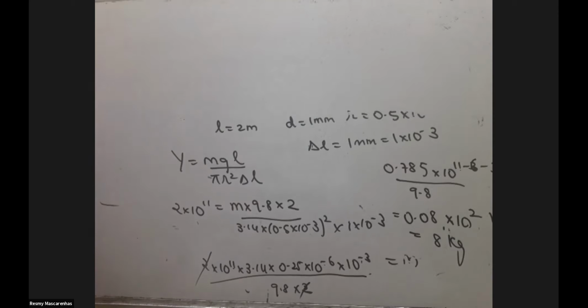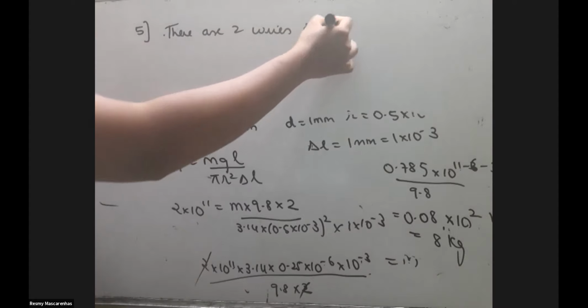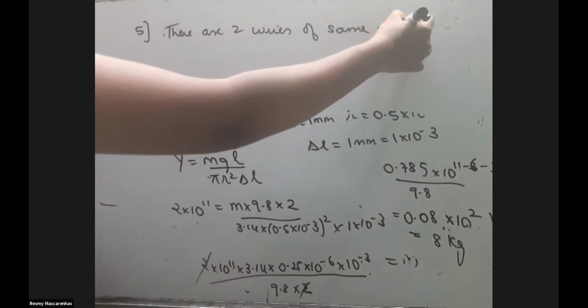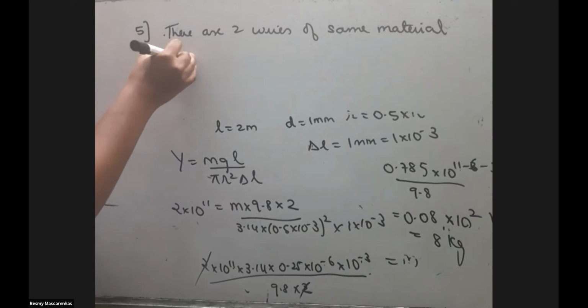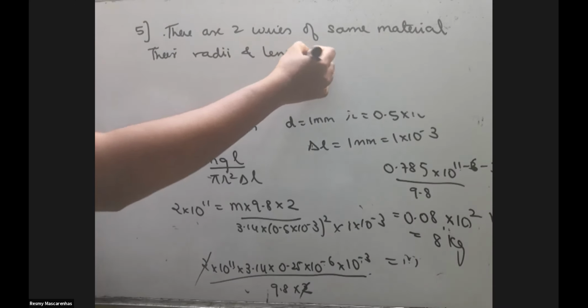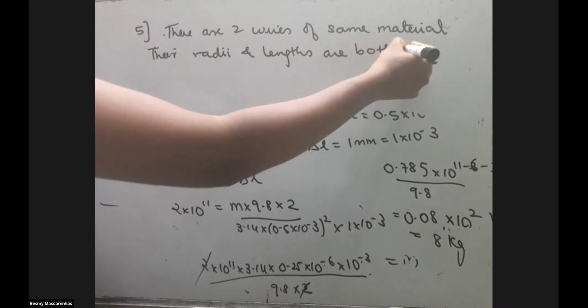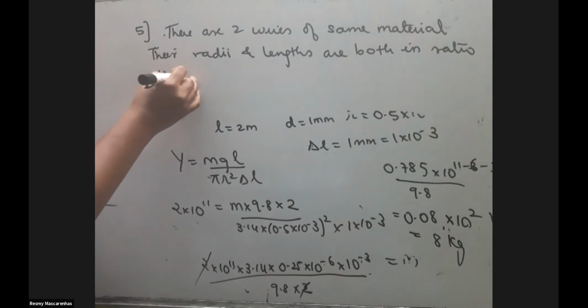Last one. There are 2 wires of same material. Their radii and length are both in the ratio 1:2.